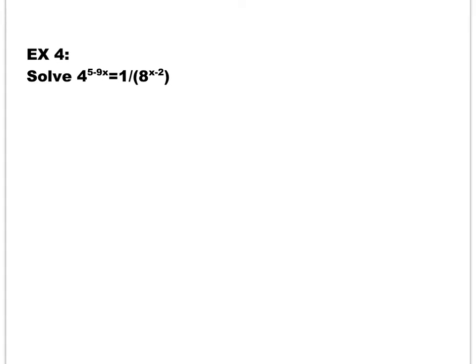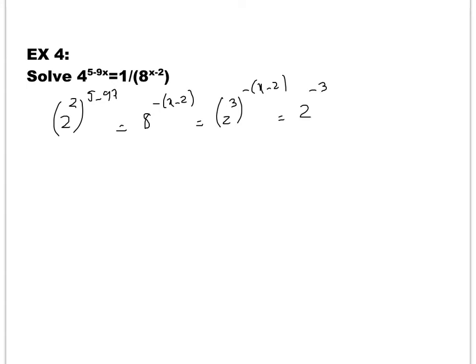I'm going to write 4 as 2 exponent 2, so this is 2 exponent 2, exponent 5 minus 9x, is equal to 1 over 8 exponent x minus 2. 1 over 8 exponent x minus 2 can be written as 8 exponent negative x minus 2, which is the same as 2 exponent 3, exponent negative x minus 2, which is 2 exponent negative 3 times x minus 2.